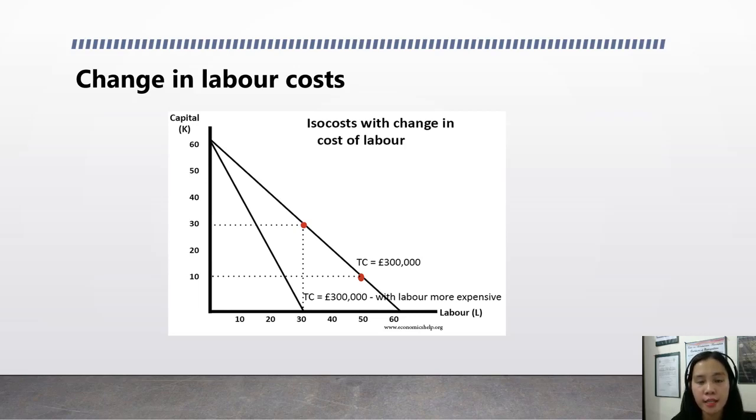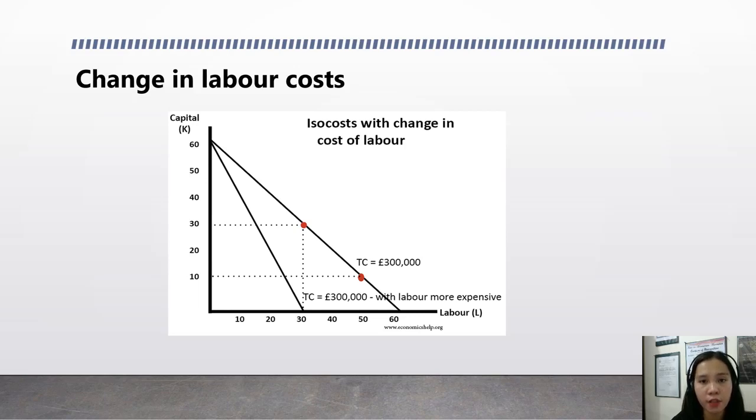In this example, the initial cost of labor and capital is both 5,000. So, for example, you have 60 units of labor, times 5,000 equals 300,000. However, if labor cost rises to 10,000, then the isocost shifts to the left.